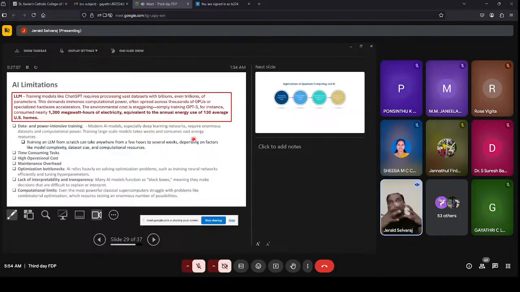So how can all these things be resolved, including the computational power, because we need an enormous amount of computation power? This is where another technology, quantum computing, comes into the picture.